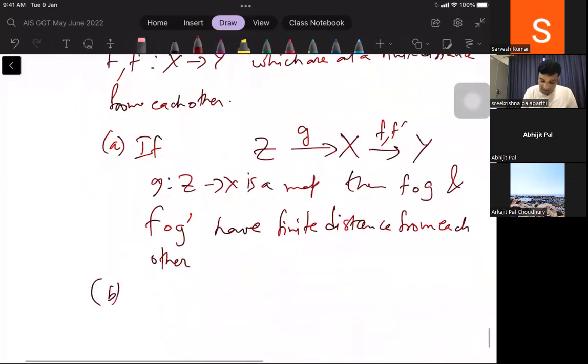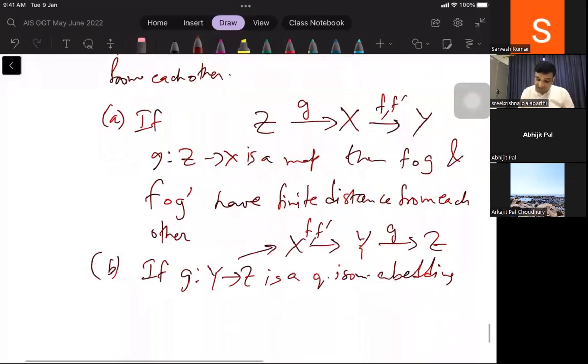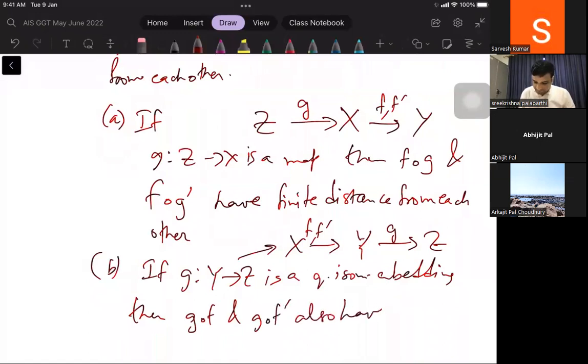Another composition property is that if g from Y to Z is a quasi isometric embedding, so the situation is X to Y with finite distance maps, and then Y to Z you have this g, then g composed with f and g composed with f prime also have finite distance.